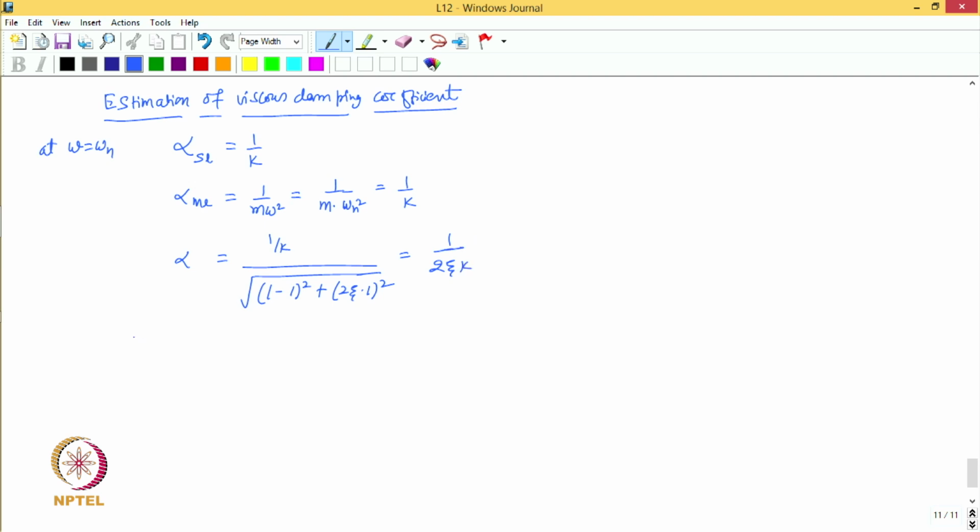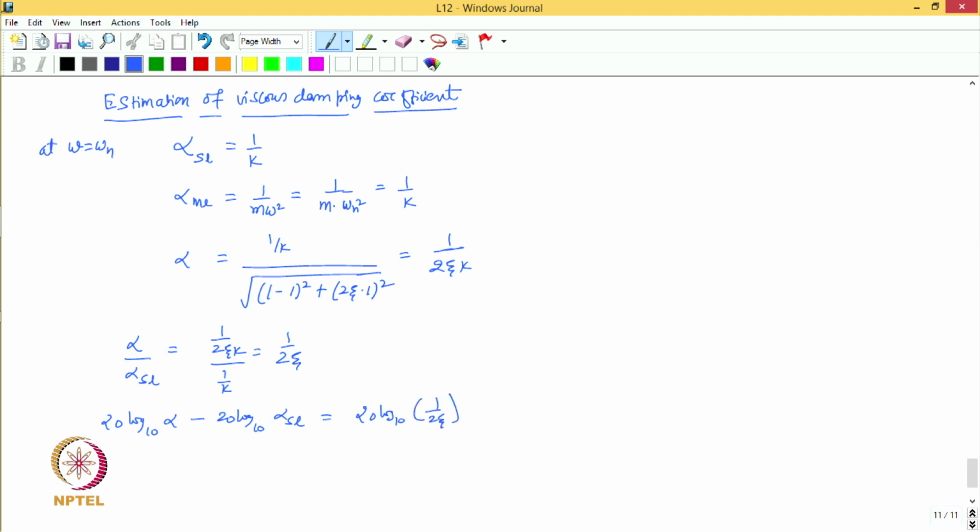If I take the ratio of alpha and the magnitude of the stiffness line, then this will be equal to 1 upon 2 zeta k upon 1 by k. So, that is 1 by 2 zeta, right. And if I take 20 log 10, then 20 log 10 alpha minus 20 log 10 alpha SL is equal to 20 log 10 1 upon 2 zeta, right.